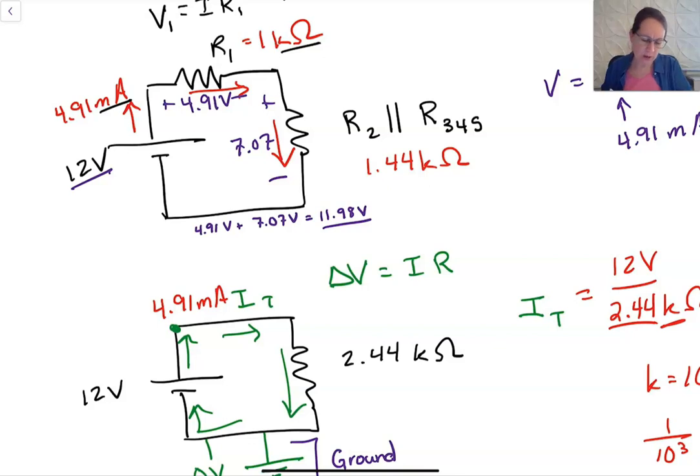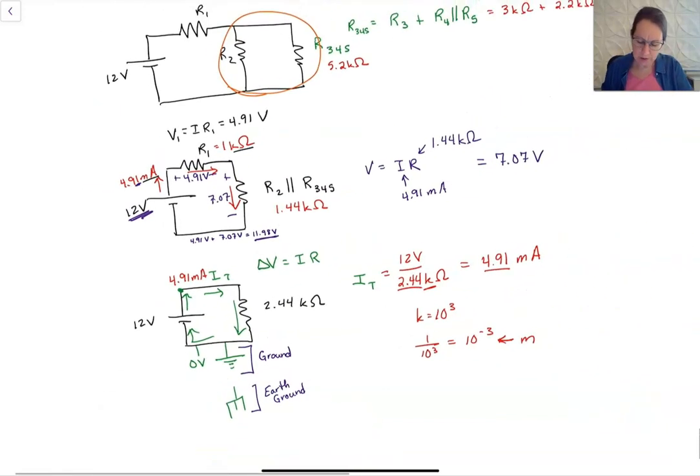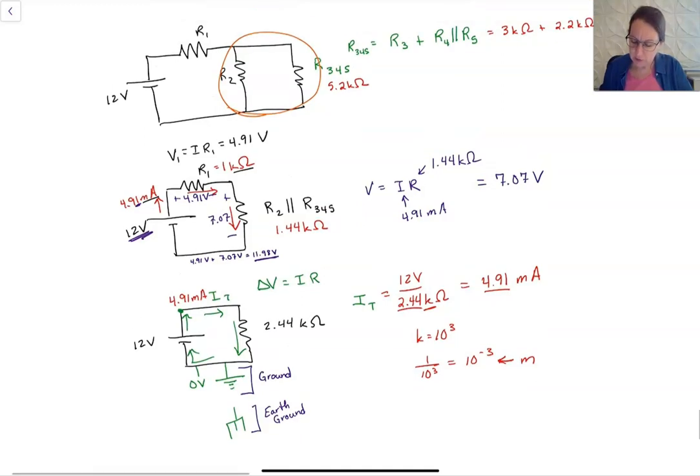If we had kept another decimal point in the milliamps, we could get that all to match up. But that should equal 12 volts. Okay, so that's a good way to check. And in fact, we could have used that to find the voltage here instead of using I times R.